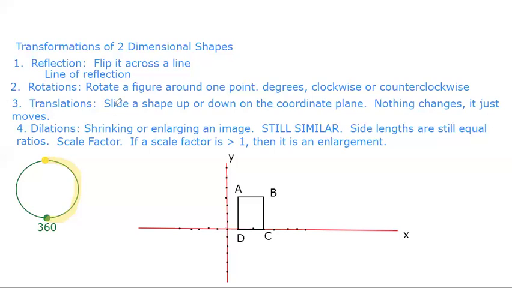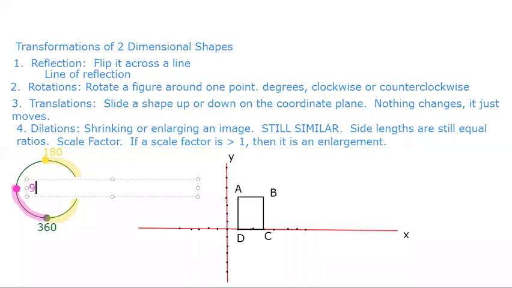That right there is 180. Either way, counterclockwise or clockwise. If it's that far, it's 180. Well, what's half of that? So let's say we're going to go from here to here. That is a tricky one.